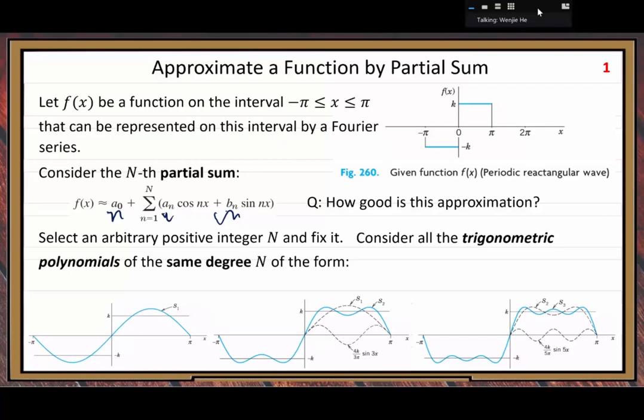Little a0 means the Fourier coefficients. So among all the possible capital A, capital B coefficients, which one gives us the best approximation to the original function f? That's the question we want to study here.